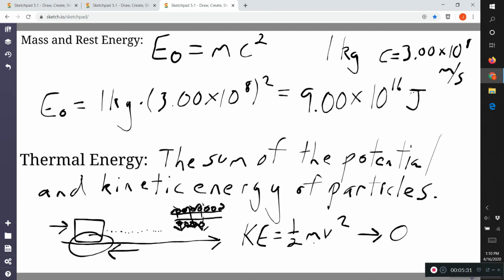We perceive particle motion as temperature. And so this is a very important concept. It goes back to why machines aren't 100% efficient and why friction generates heat and how this pertains to the concepts of energy.